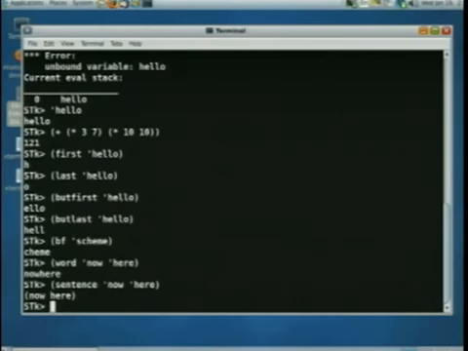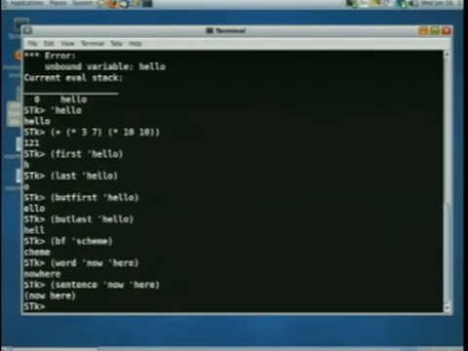And it makes something we haven't seen before, which is a sentence, which is a bunch of words in parentheses. Now notice this is something Scheme is printing out as a result, this sentence. If I were to type in parenthesis, now here, close parenthesis, that would not mean I want the sentence now here.